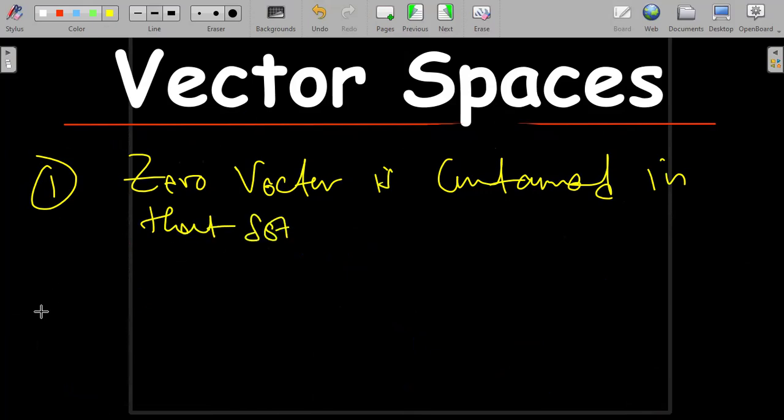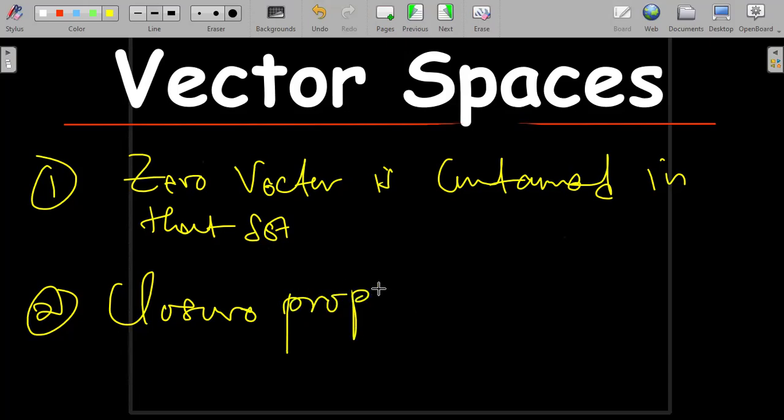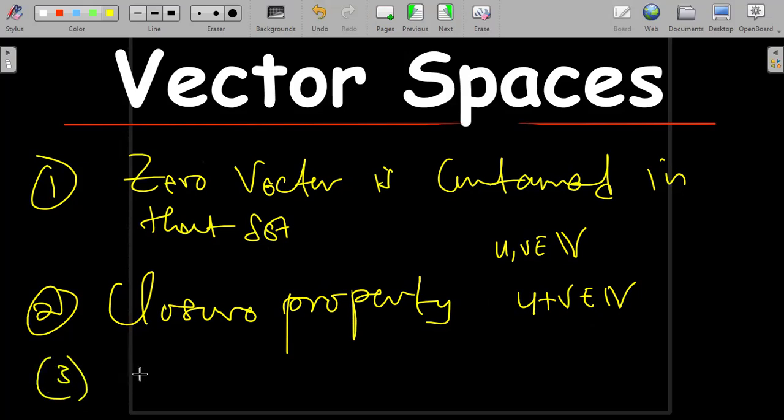And then 2, we have to prove the closure property. So the closure property is simply saying that what? If I have u and v being members of this set, then u plus v should also be a member of this set. And then this closure property, we can also put it under scalar multiplication.